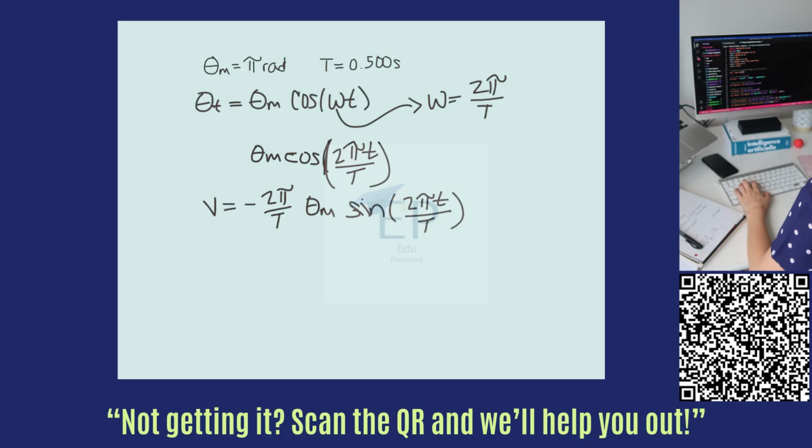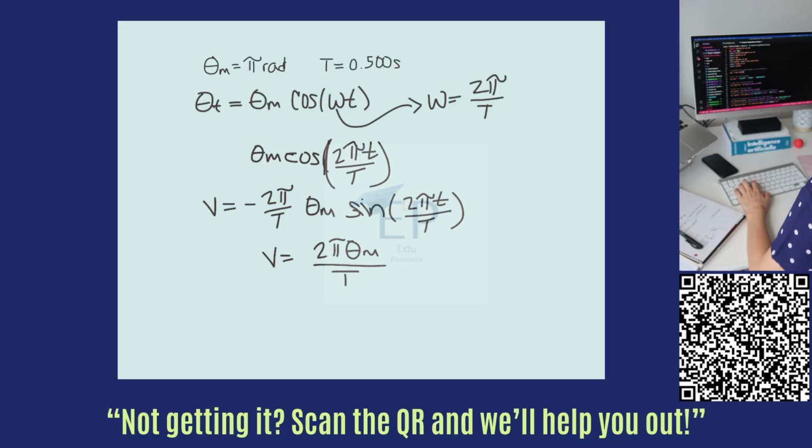which will give us, since when angular velocity is at its maximum, the sine is at a value of 1, we can actually simplify this even further to just velocity equals 2 pi angular amplitude over our period.